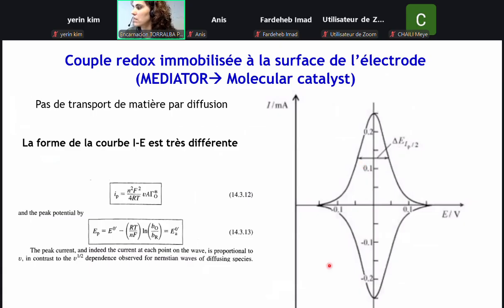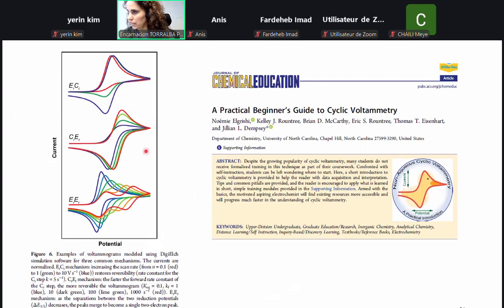When I see this, I know that my species is getting attached to the surface of the electrode. So the signal becomes like that. Okay. And yes, this is also an example of how the cyclic voltammetry changes as a function of whether there is a chemical reaction before or after. So it's quite useful to study, or to complement other kinds of techniques to study reaction mechanisms.